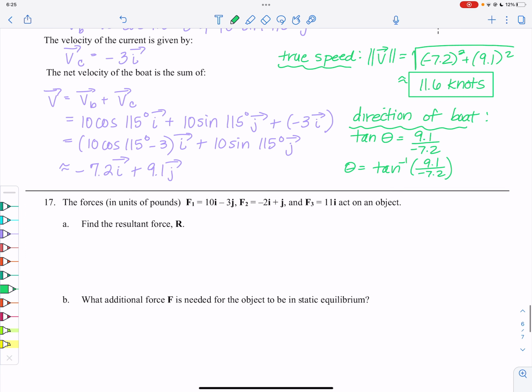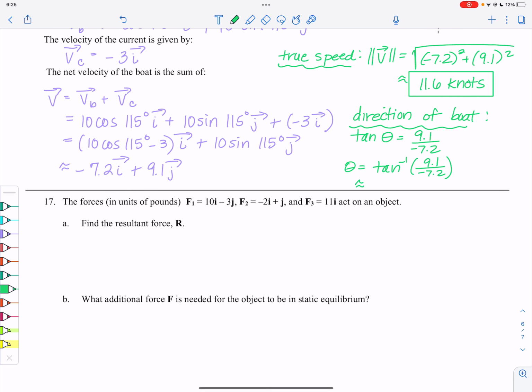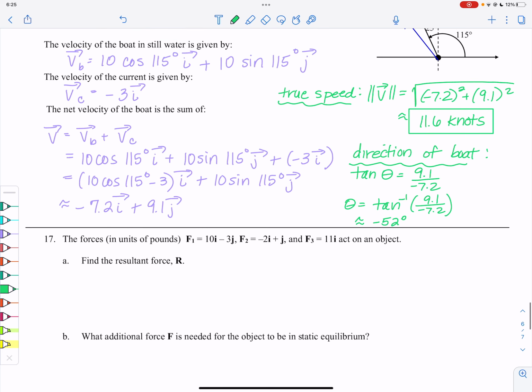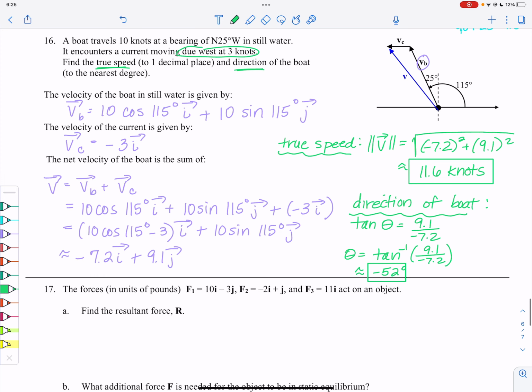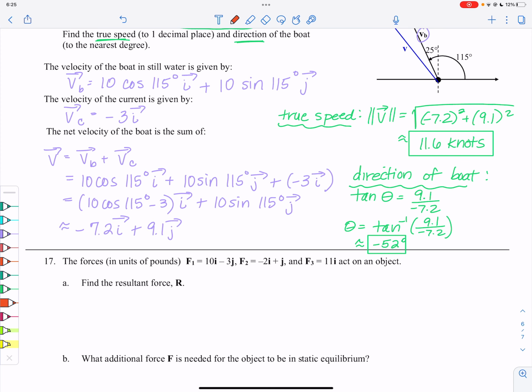And that comes out to be approximately negative 52 degrees. So if we are in quadrant 2, we have 180. So let's go ahead and write this here. If we are in quadrant 2, we will have 180 minus 52 degrees, and we will have 128 degrees.